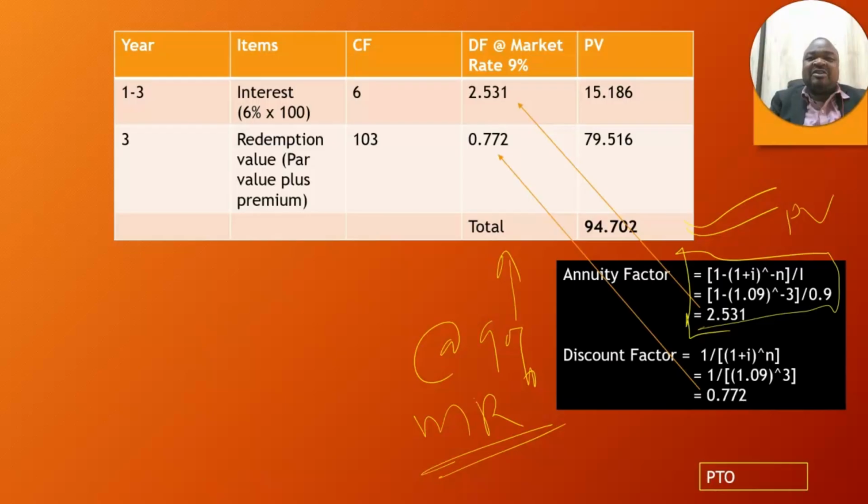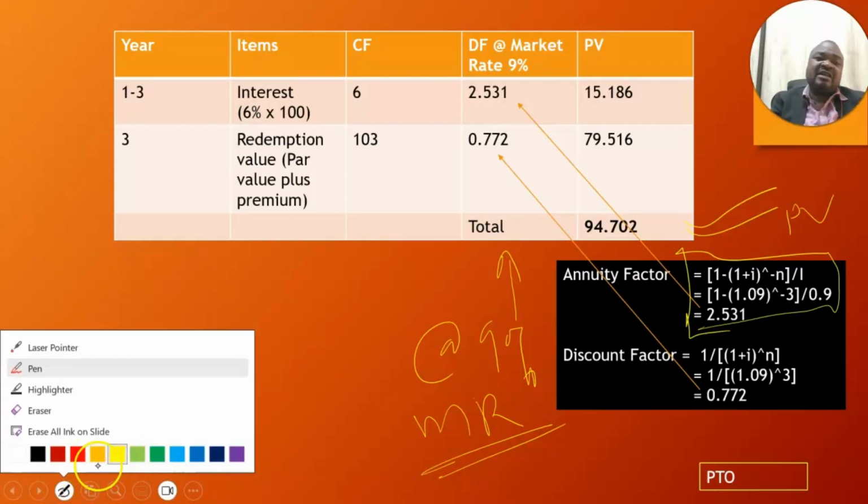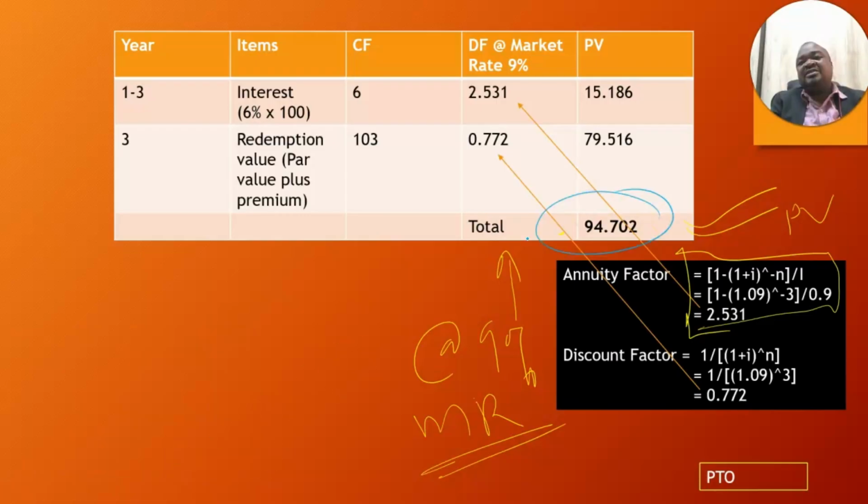They are different. You need to be able to come up with those figures as swiftly as possible, because there won't be any time in the examination. So now we have determined the present value of the instrument, which is 94.702.